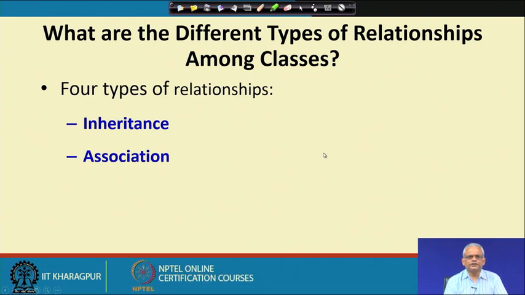Please give an example of an association relationship between two classes. In a couple of minutes we will see some examples of association relationship between two classes. There may be an aggregation or composition relationship between two classes.